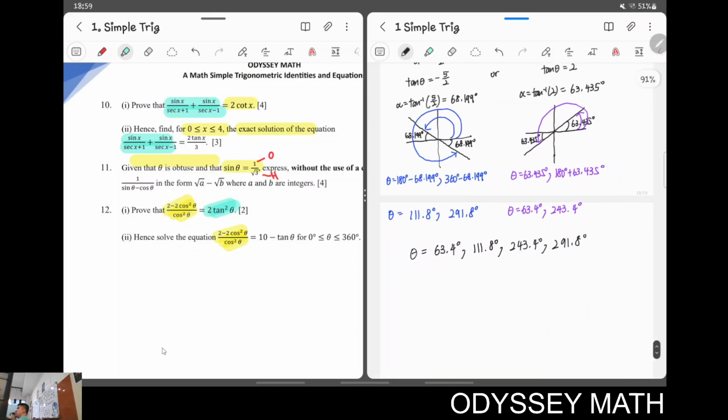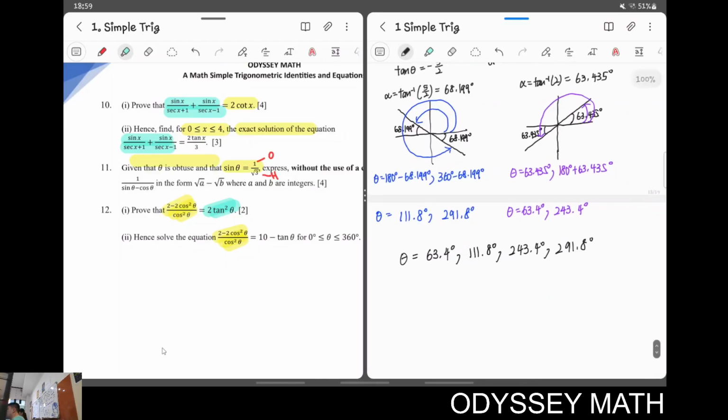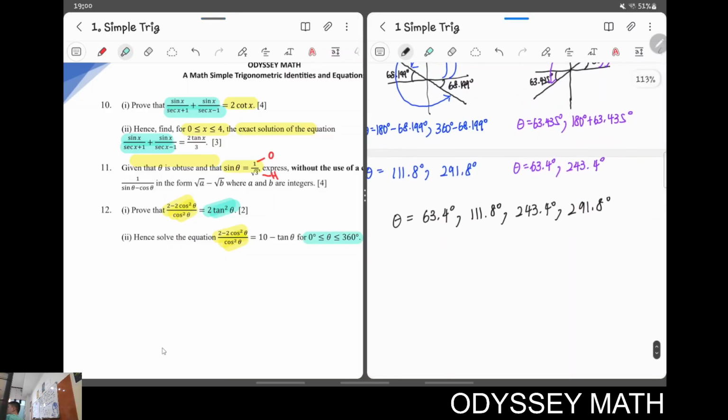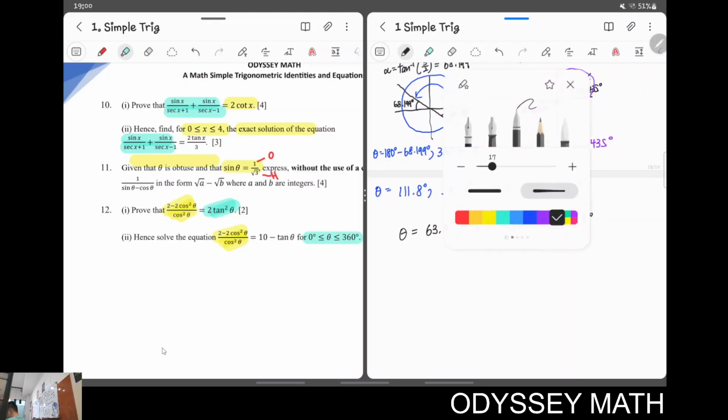So this is the lucky moment where the examiner is very nice. You don't have to do any add 360 or minus 360. Because if you look by observation, you would see that the angles itself already cover from 0 to 360 degrees. So sometimes you need to use your mathematical sensing. But if you are a bit scared, if you got time, you just do the minus 360 and plus 360 over here.